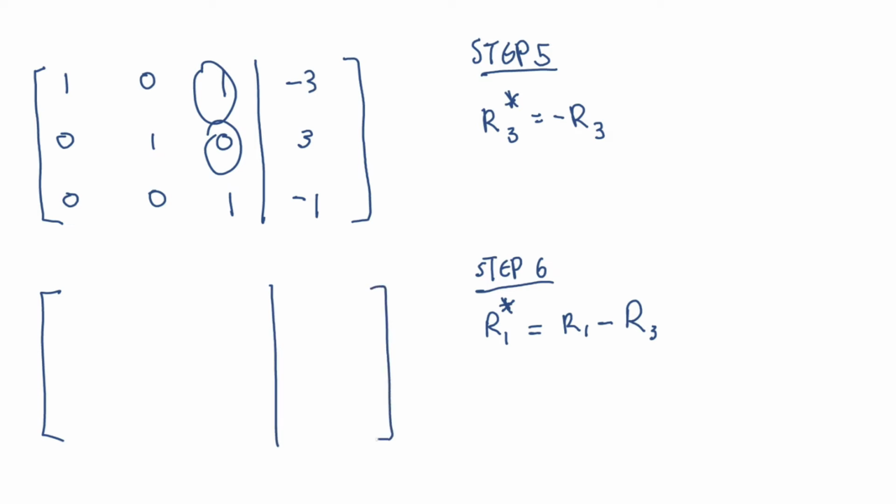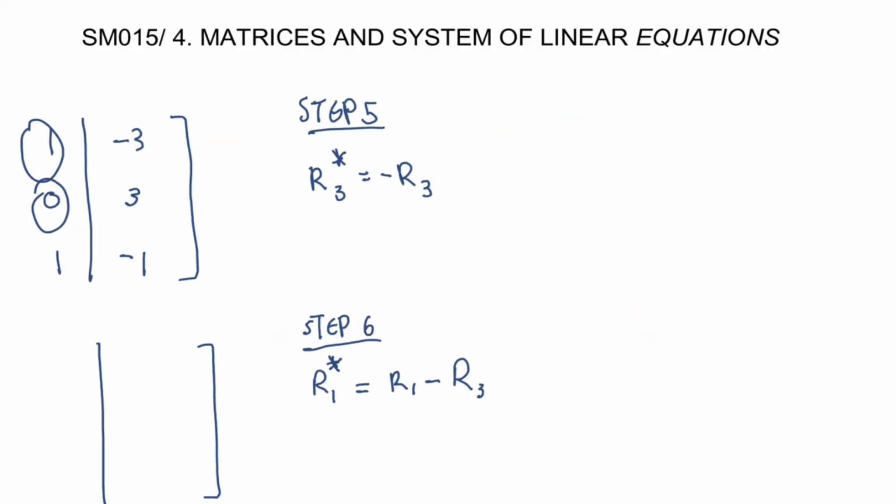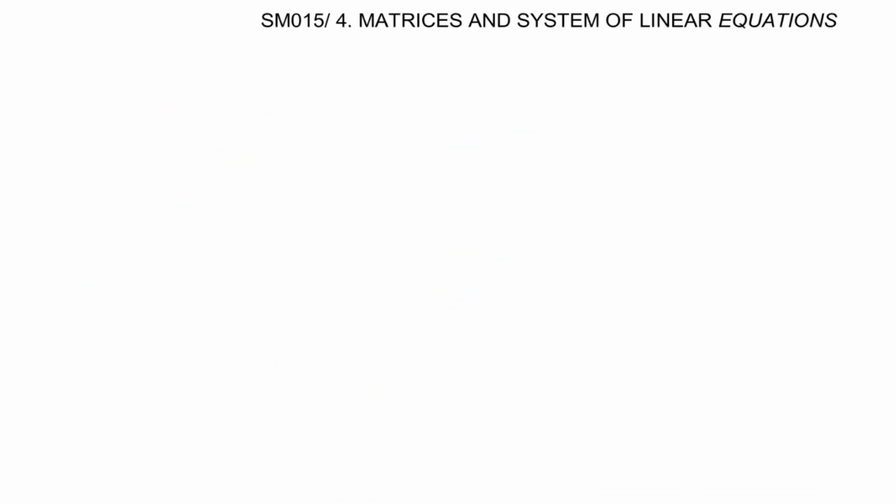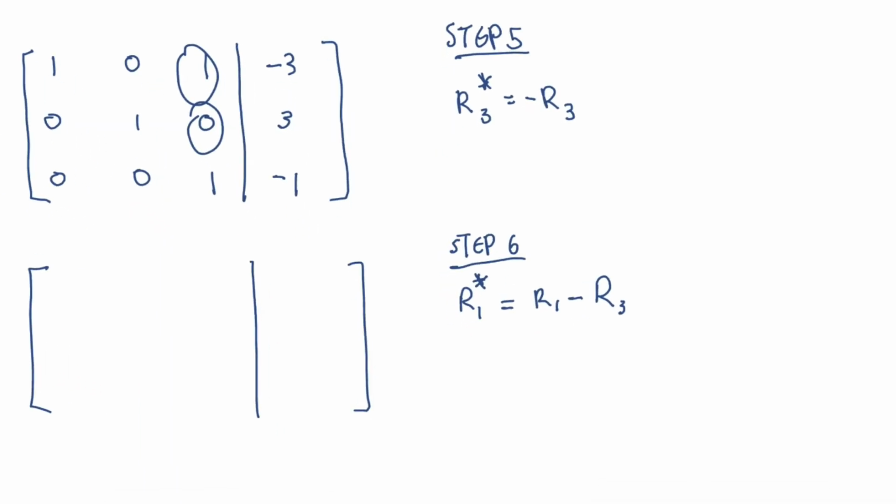So you will get 1 0 0, 0 1 0, 0 0 1, negative 2, 3 and negative 1.